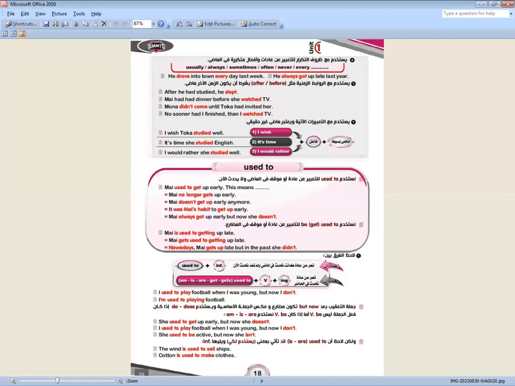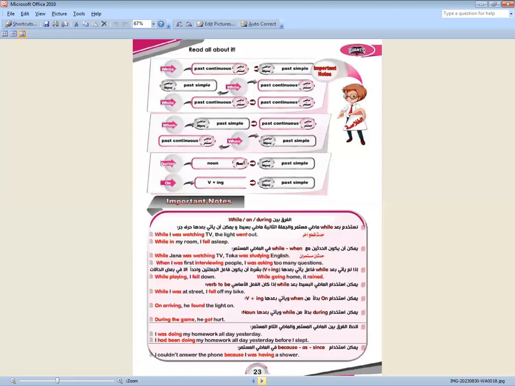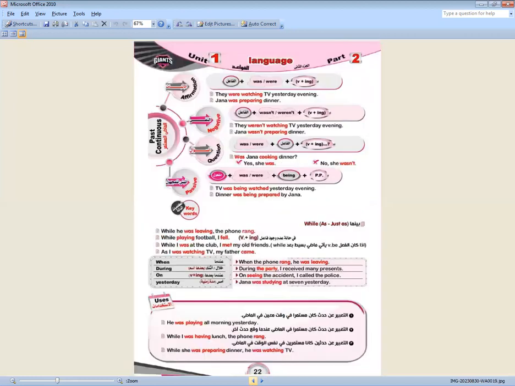After that, we will move to the past continuous. How can we form a sentence in the past continuous? We will use was or were plus the verb plus ing.